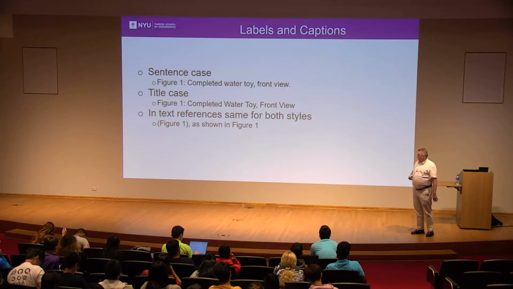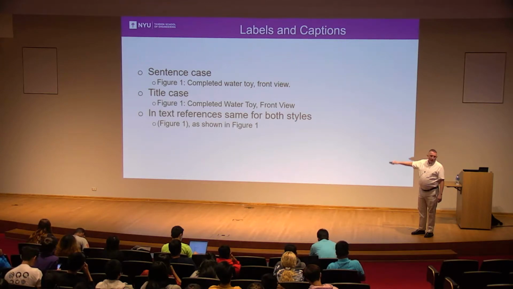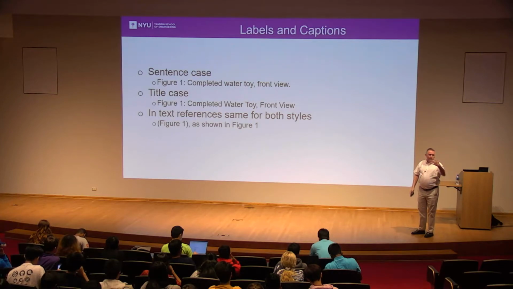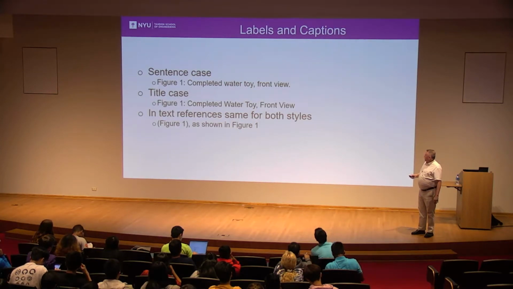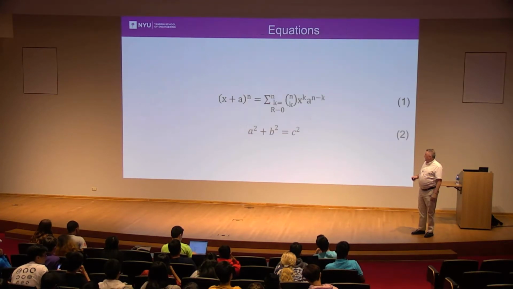But these are really the two choices available to you. So the in-text references are the same for both styles. So for figure 1, it's figure 1 in parentheses, or you can do as shown in figure 1, and then you go on to talk about what's in figure 1. So those are the choices that are available to you, and you have to make a choice again. Be consistent, whichever choice you make.